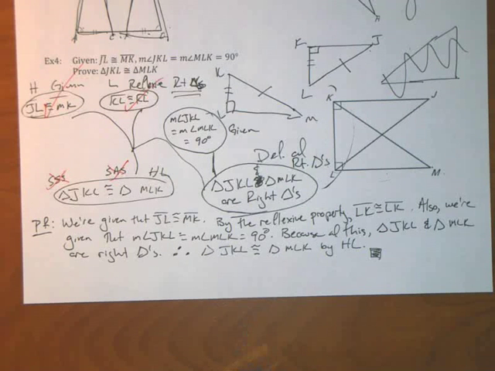Adding some more to the conclusion, maybe saying something to the effect of, since for these right triangles the hypotenuses are congruent and a leg pair is congruent, then the triangles are congruent by hypotenuse leg, could be a way to spice it up, but this will do.